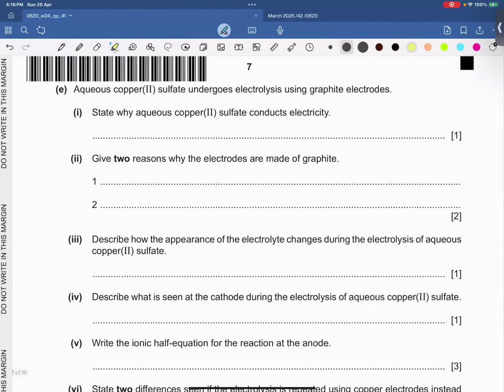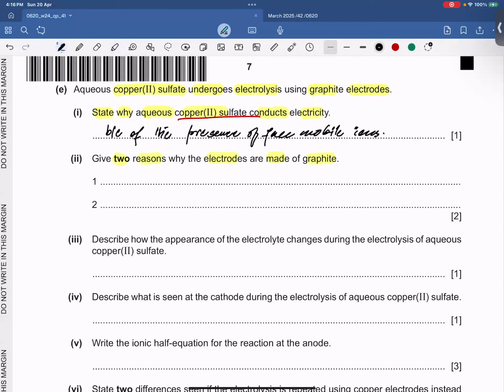Next, aqueous copper 2 sulfate undergoes electrolysis using graphite electrodes. State why aqueous copper 2 sulfate conducts electricity. Because copper 2 sulfate is an electrolyte because of the presence of free mobile ions. Give two reasons why electrodes are made up of graphite.